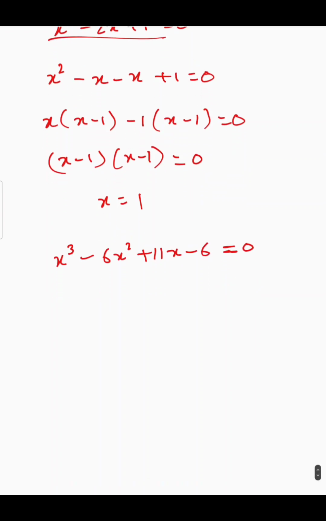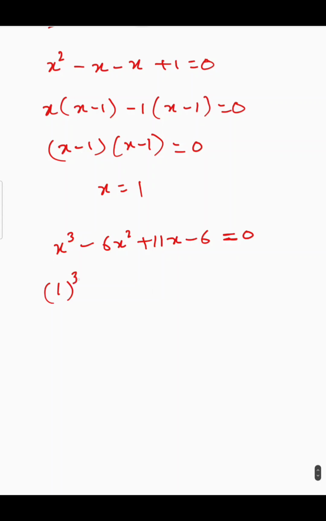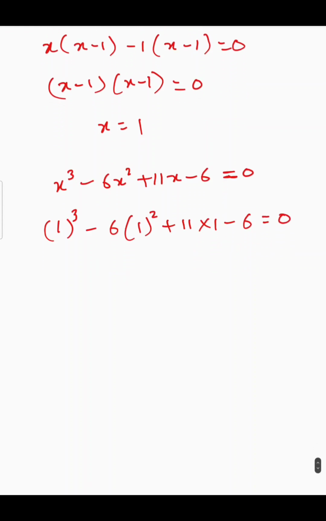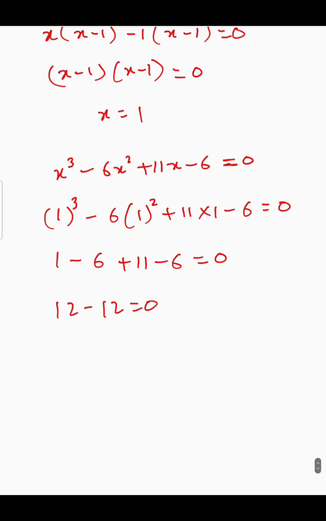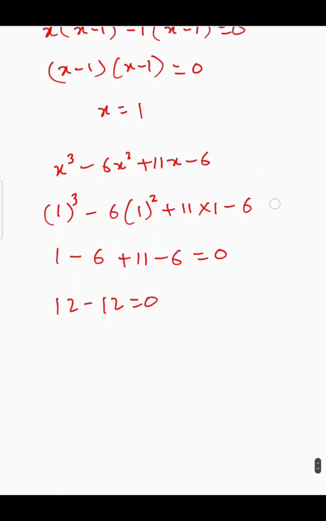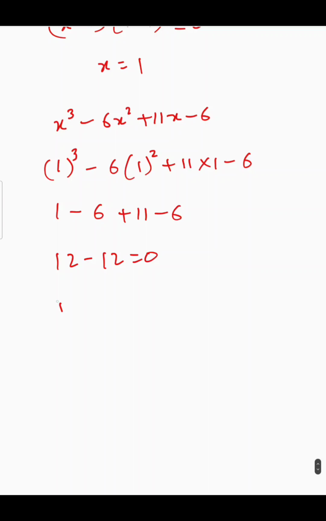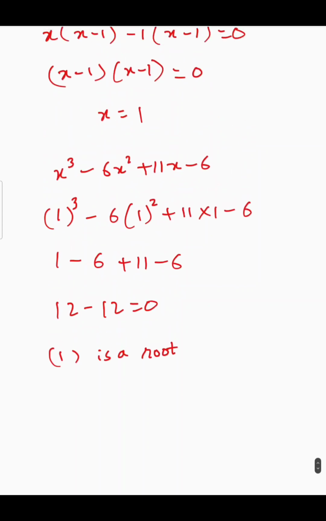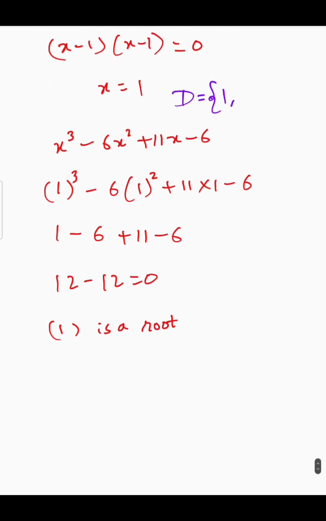Let's see whether 1 satisfies this equation or not. 1 cube minus 6 into 1 square plus 11 into 1 minus 6 is 1 minus 6 plus 11 minus 6, which is 12 minus 12 equal to 0. Therefore 1 is a root. So definitely set D will carry 1. Let's see for the other roots.